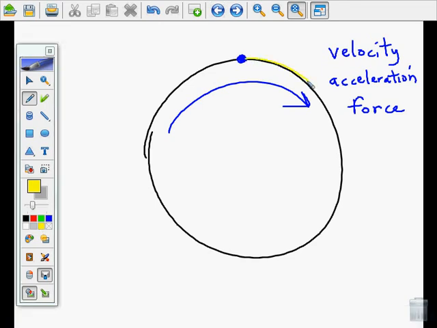And if I measure that certain distance, x, and then I time how long it takes to go that little distance, t, and then I divide x by t, I get how fast it's going. So it's nothing really new there. If you want to know how fast it's going, you just have to do distance over time, but the distance is curved.